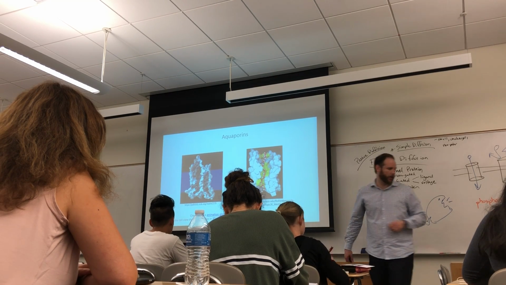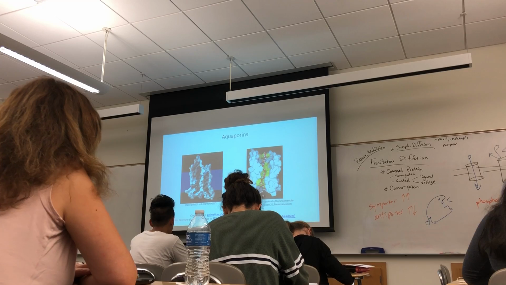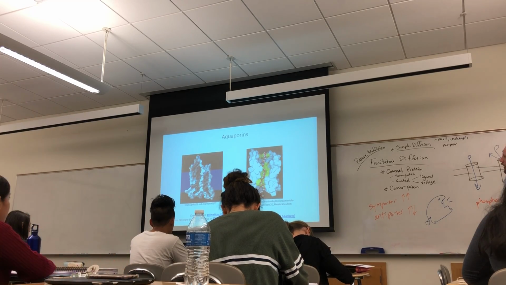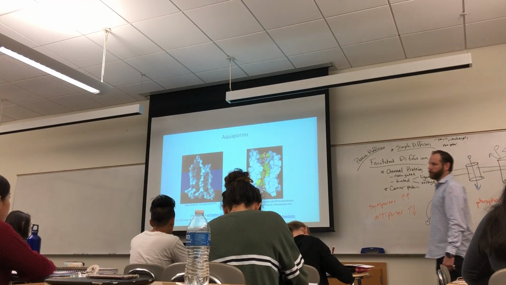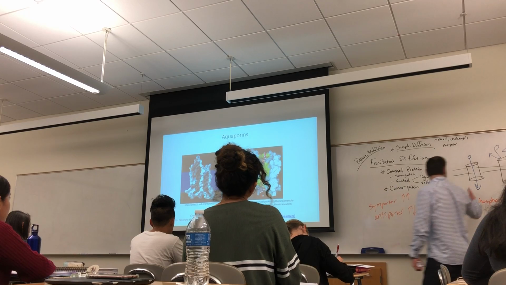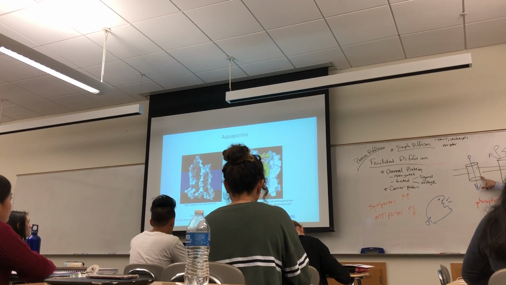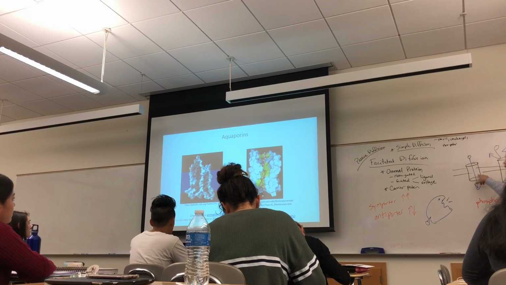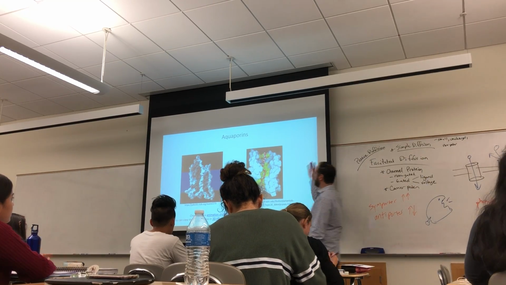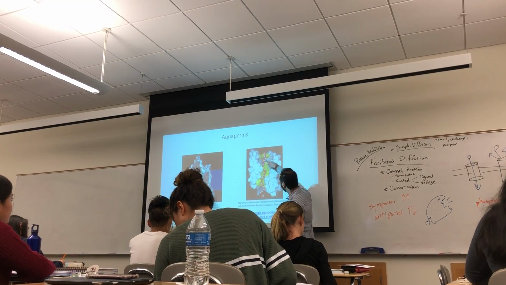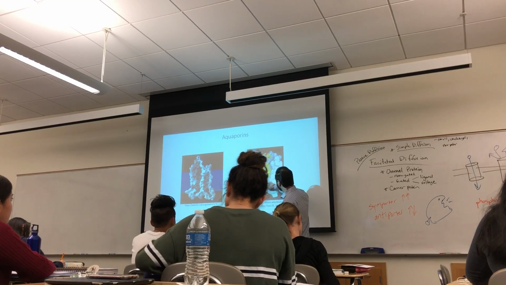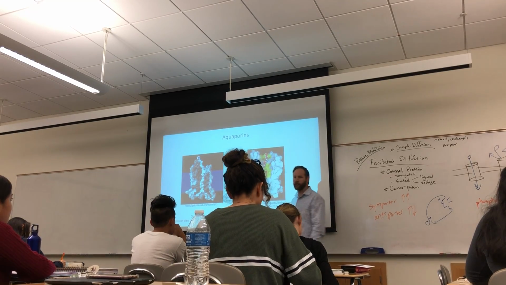Another example of a channel protein that's super important are aquaporins. So aquaporins are channels, but they are specifically going to let water molecules through. If we cut this thing in half and looked at it, what would you expect the interior to be like?